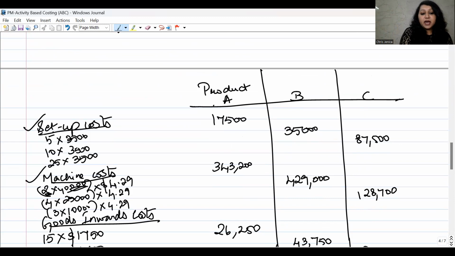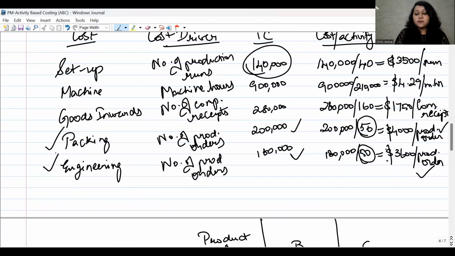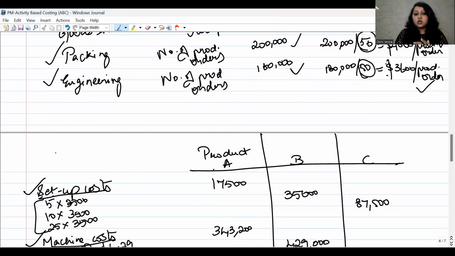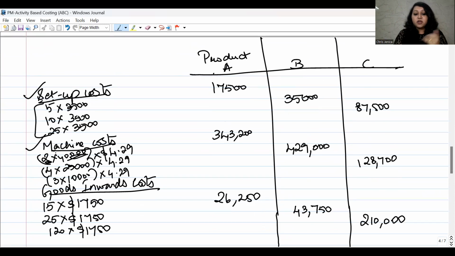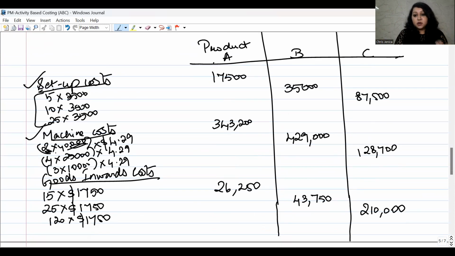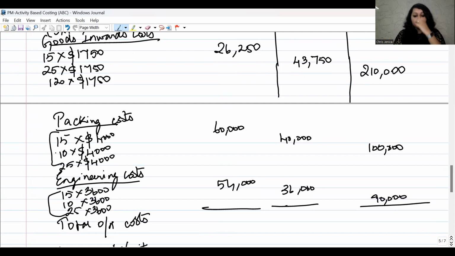For setup cost, we absorbed the cost into product A, B, and C based on the number of production runs. For the machine cost, we absorbed the cost based on machine hours. For goods inwards cost, we absorbed the cost based on number of component receipts. And for packing and engineering, we absorbed the overhead cost based on number of production orders.